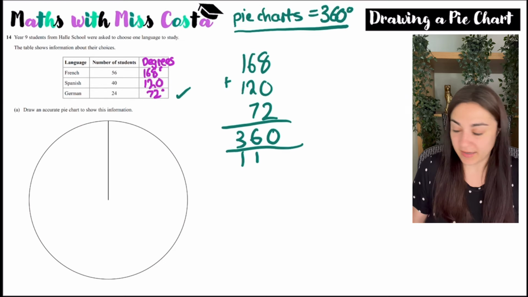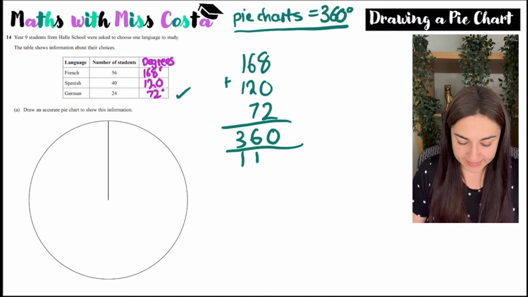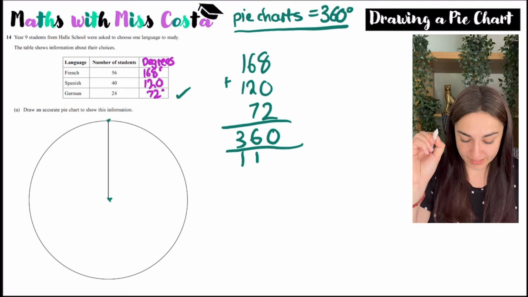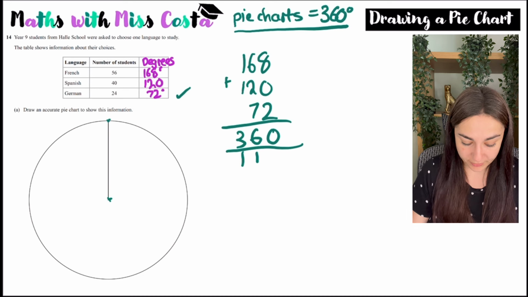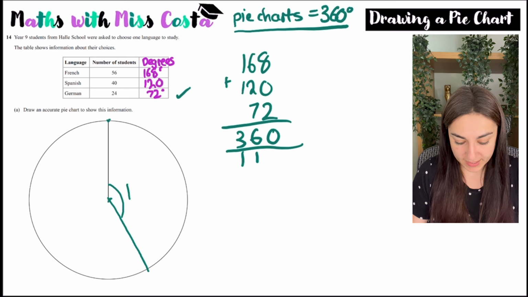Then what we do is we line up our protractor and we start to measure our angles. So for 168 degrees, you'd line up your 0 over here. You always start from 0 and you go to 168 degrees, so that would be over here. Then you label it, and that's 168 degrees.